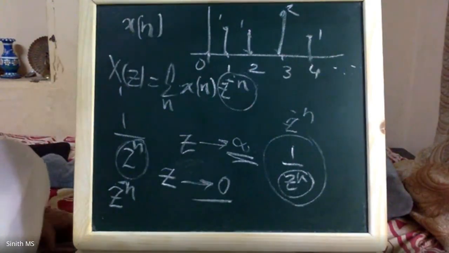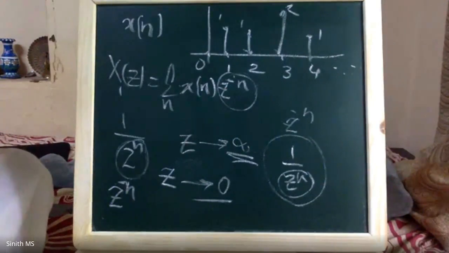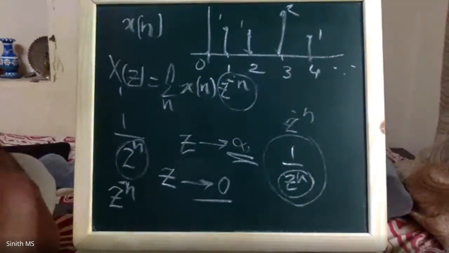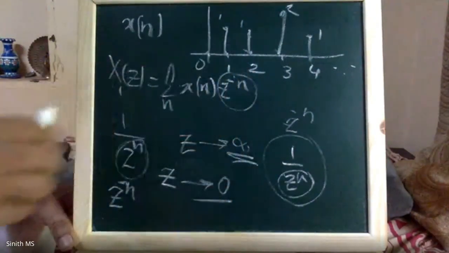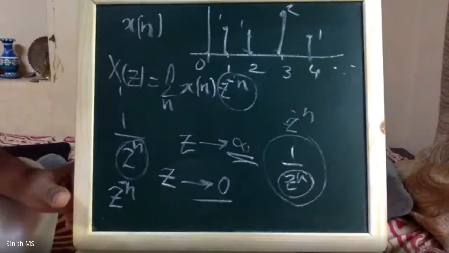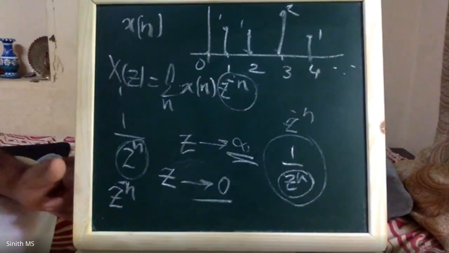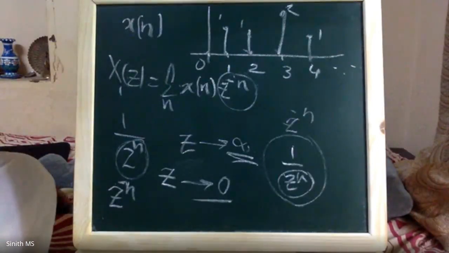So what you understand from this is that for a right-handed signal, as you have seen, for z equal to 0 it doesn't converge and z equal to 0 is not at all included in the ROC, but z equal to infinity is always included.